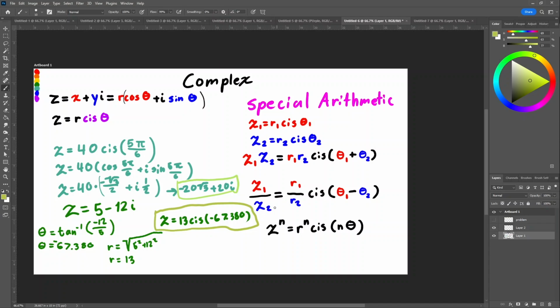Z1 times Z2 is equal to R1 times R2 times cis of theta 1 plus theta 2. And if we're trying to find the quotient of these 2 points, Z1 over Z2, it would be equal to R1 over R2 times cis of theta 1 minus theta 2.